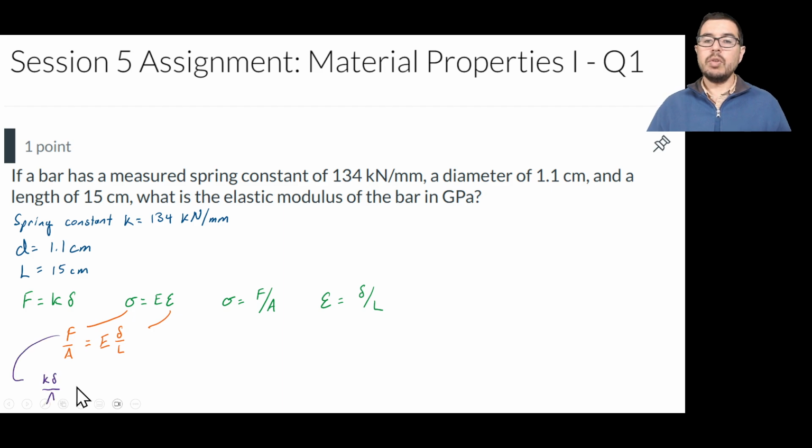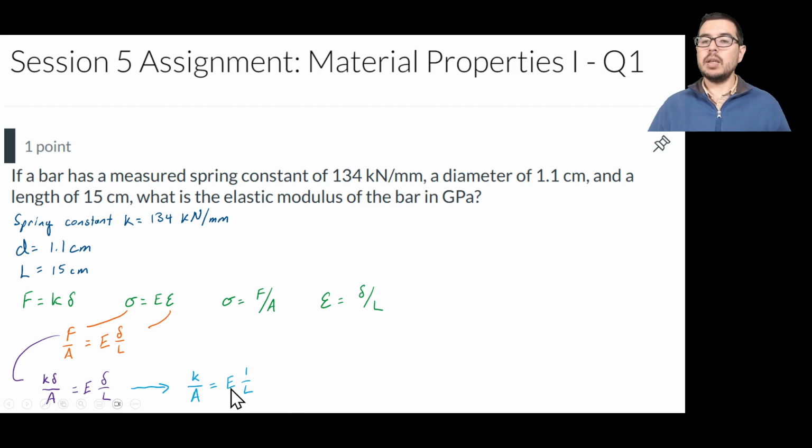We go a little bit further, and we have a relationship for the force, K, and delta. So we put those together, and we rewrite the right-hand side that we already had. We realize that there are deltas on both sides of this equation, so we can cancel them out and rewrite this equality as we find here.